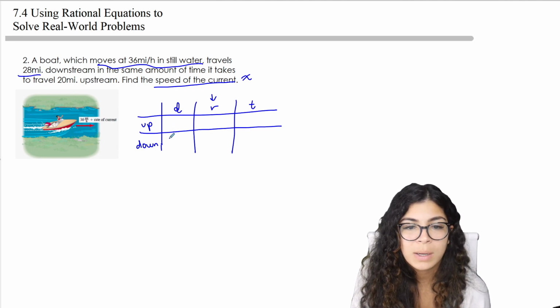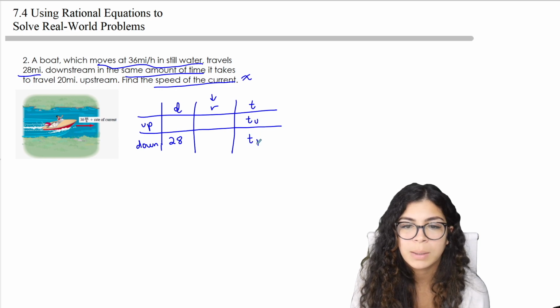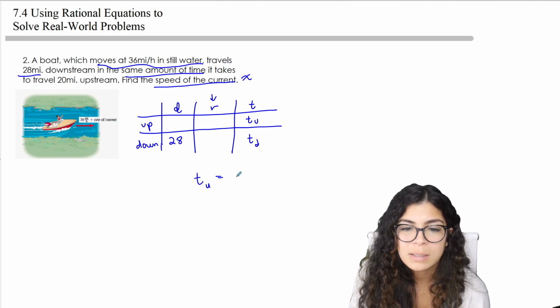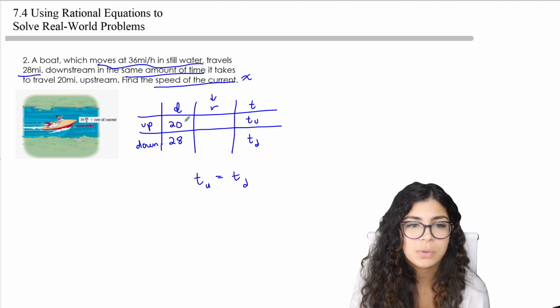So you're going 28 miles, that's the distance downstream, and in the same amount of time, so the time for both of these are equal. So the time for upstream is equal to the time downstream. The equation here will be the time upstream equals the time downstream. And then the distance going upstream is 20 miles, okay?